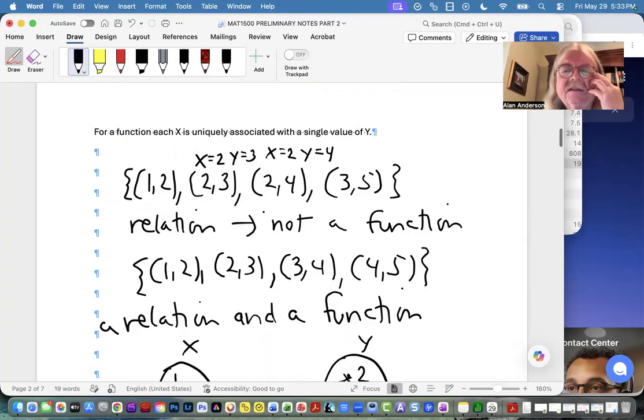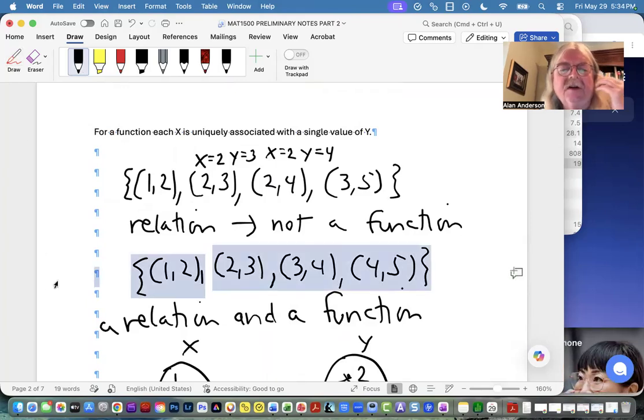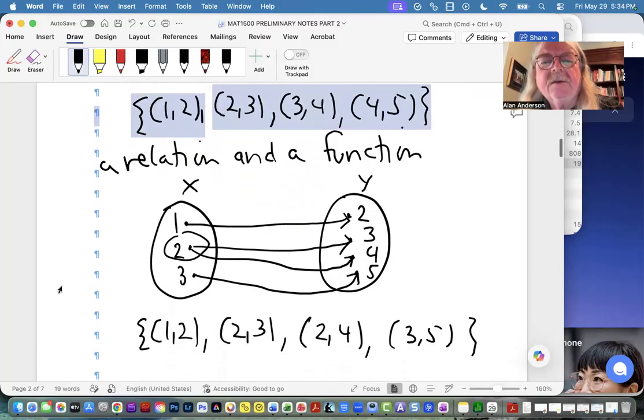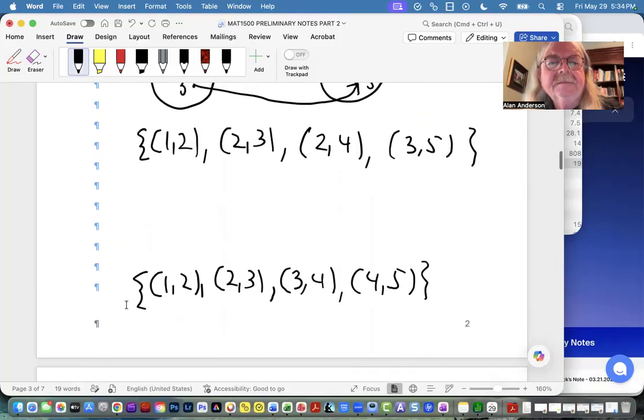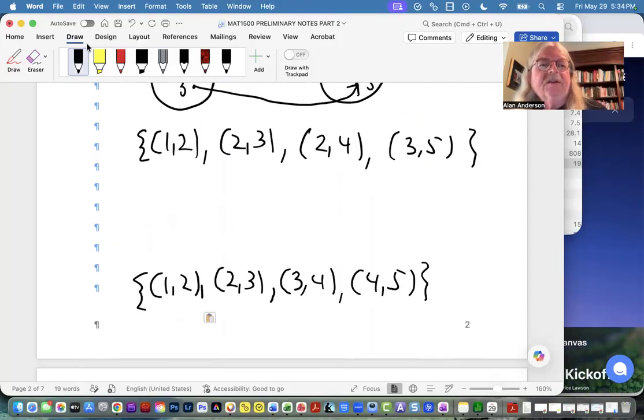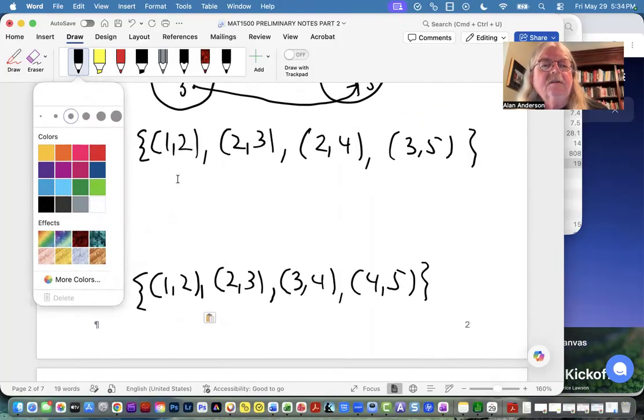On the other hand, this set of ordered pairs is a function, and we can show it more easily, I think, with this type of graph. Let's do the same thing. We'll draw this graph.